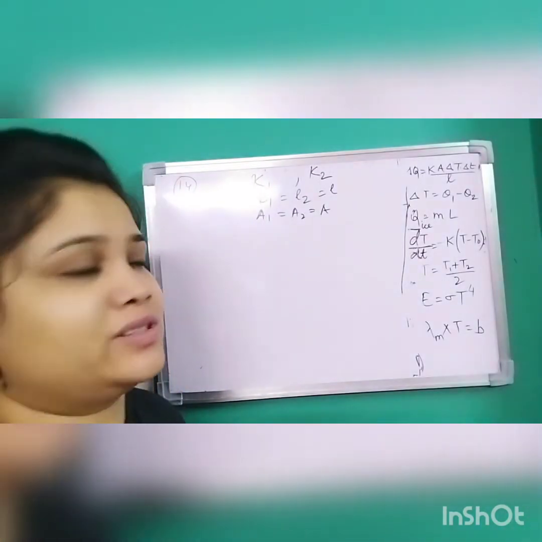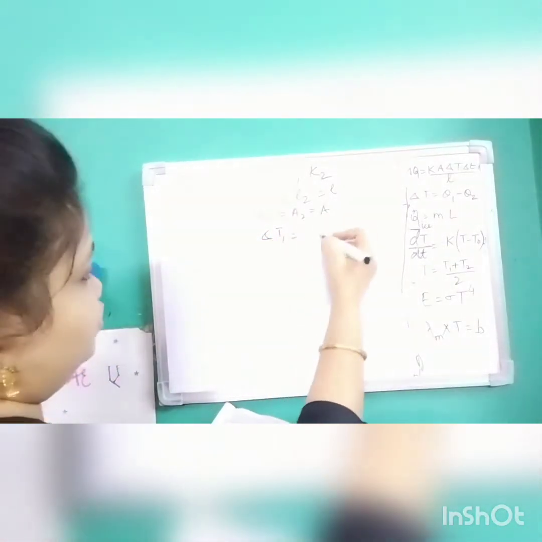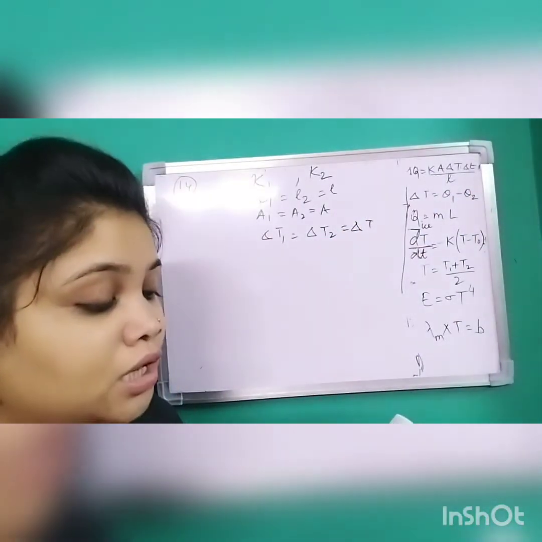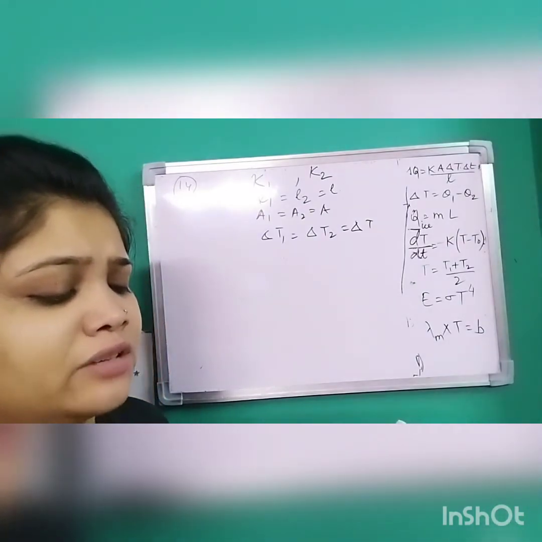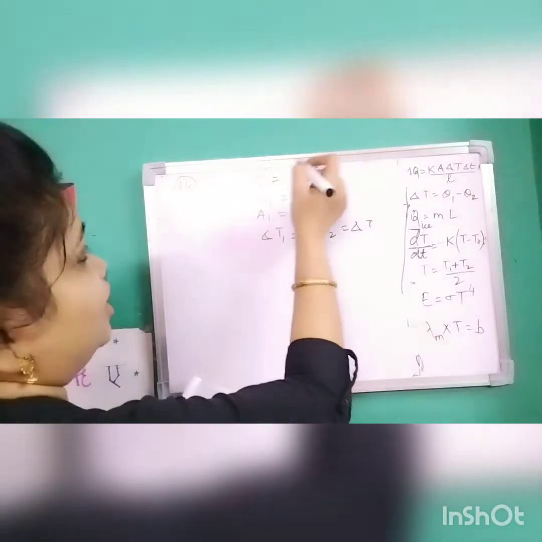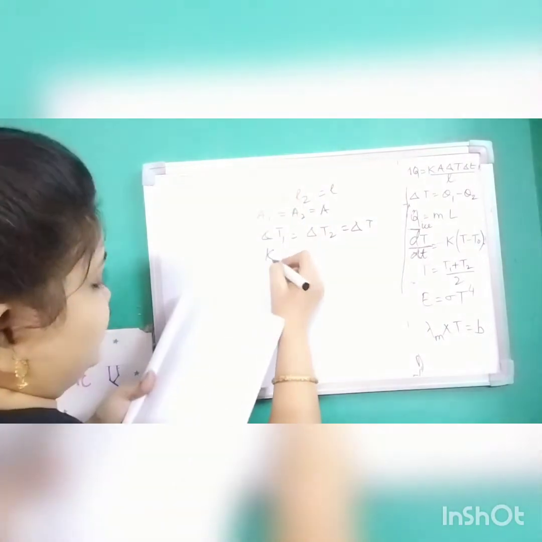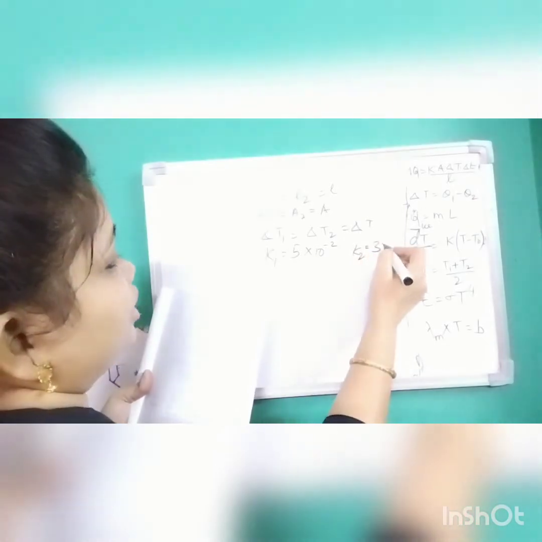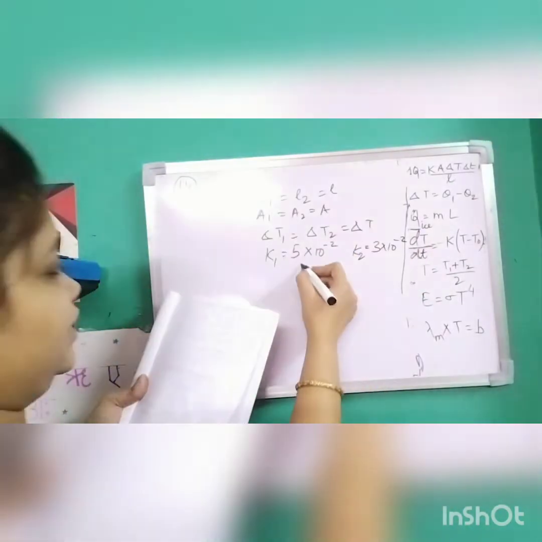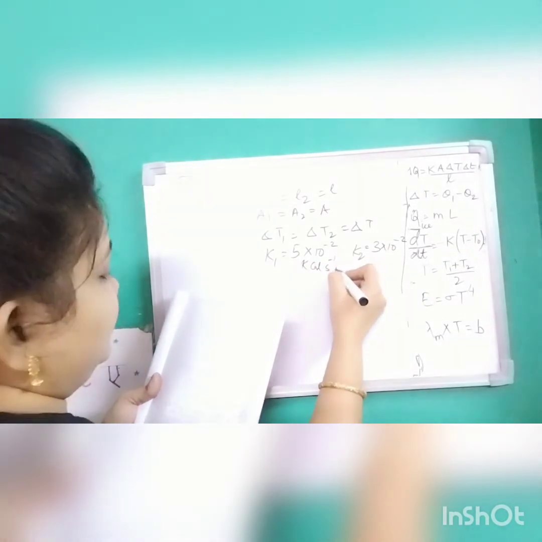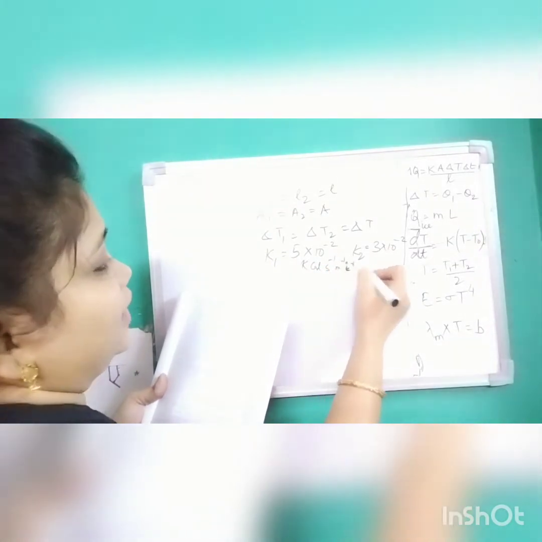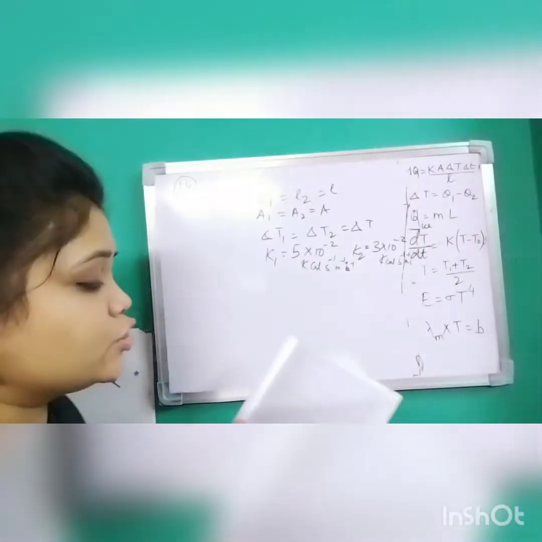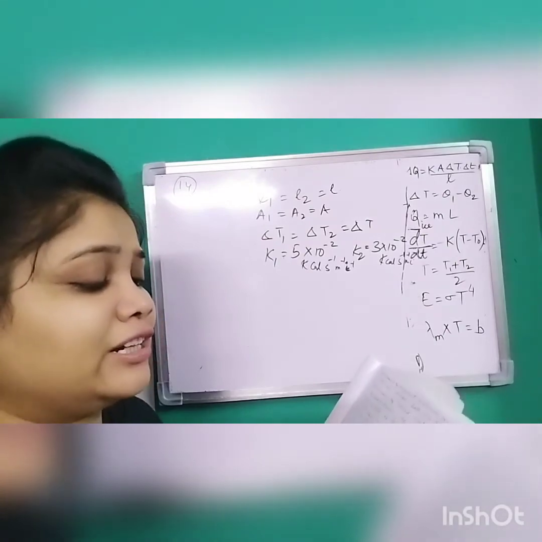That means the temperature also is the same, so delta T1 is equal to delta T2 is equal to delta T. If the thermal conductivity of the metal of the vessel, K1, is given as 5 into 10 to the power minus 2, and K2 is given as 3 into 10 to the power minus 2, in kilocalorie per second per meter degree centigrade.